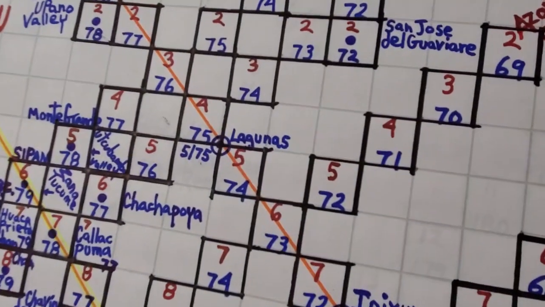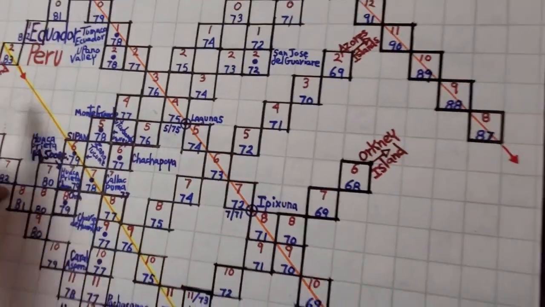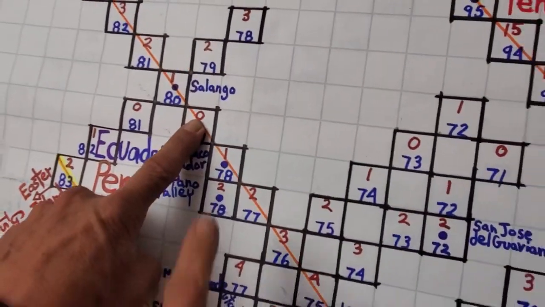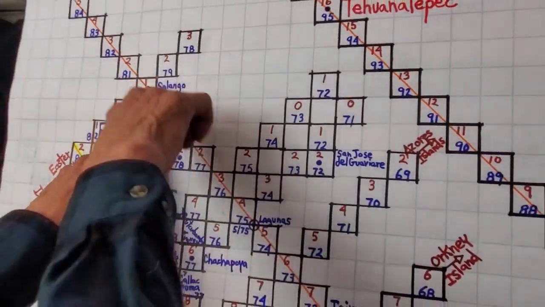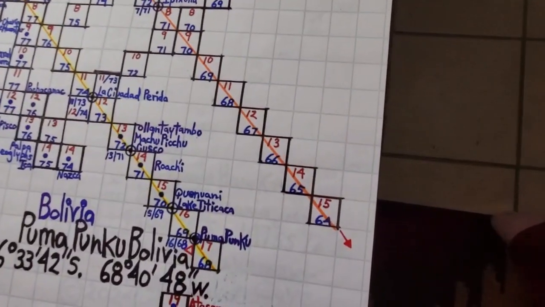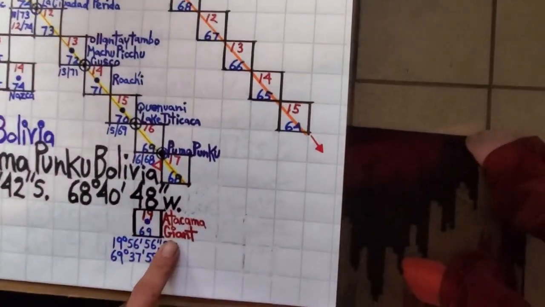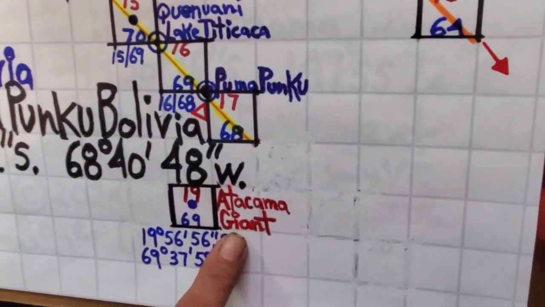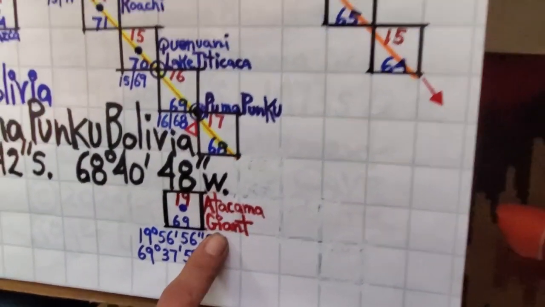And this is the equator. At Lagunas. The 0. Oh, it's 0 right there. Okay. See, one is that way for the southern hemisphere, one is that way for the northern hemisphere. Oh, okay. Equator. So your chart is going around the world and then it comes over here. 19 to 19. Atacama Giant. 1969.